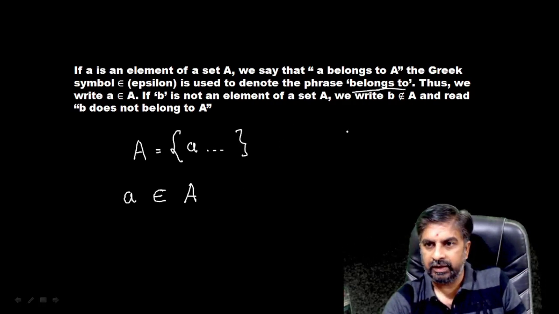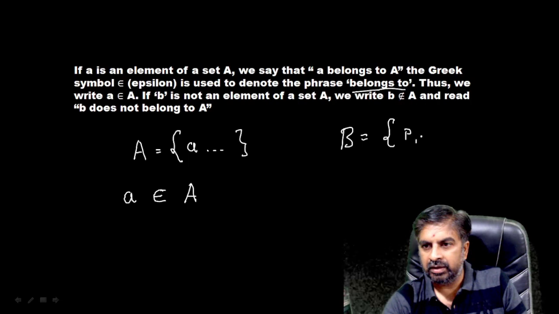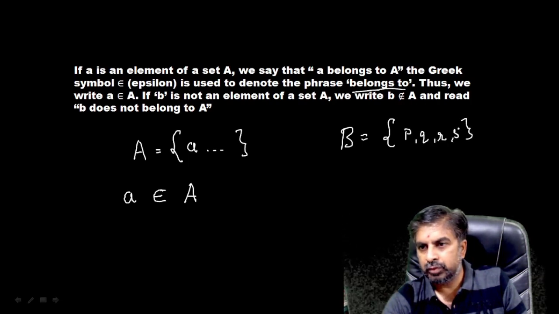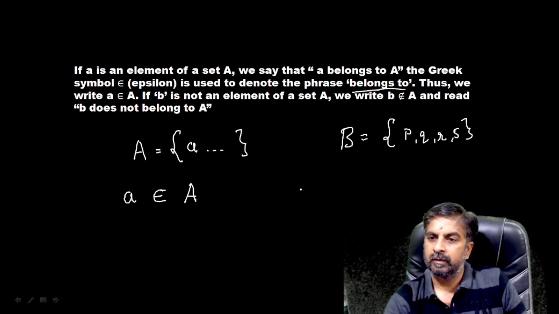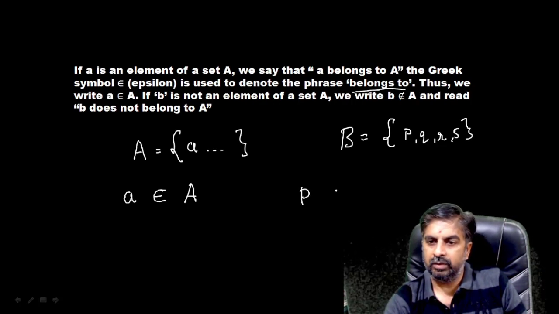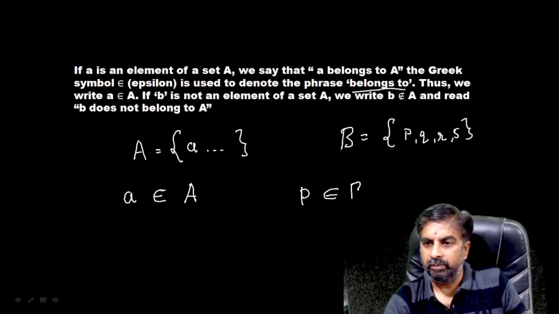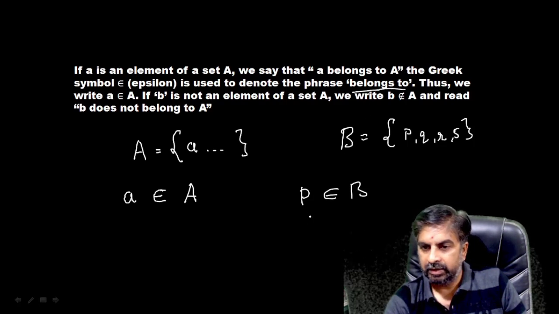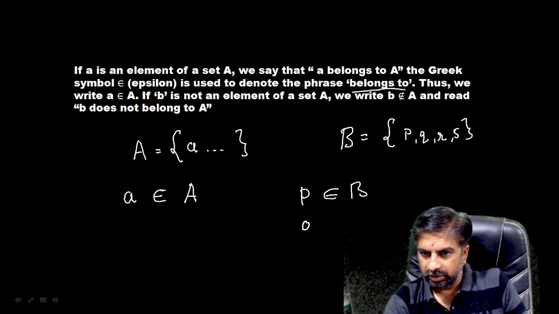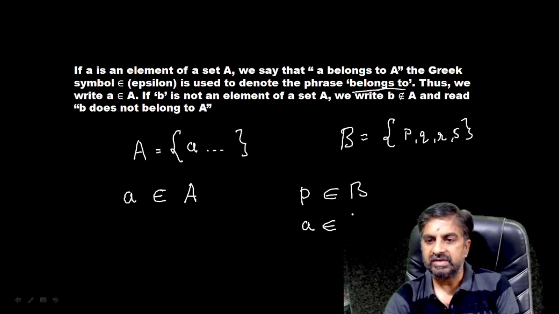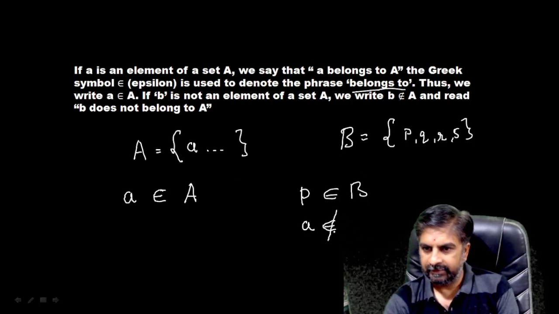When I say, let me write down now. Suppose we have a set B with P, Q, R, S. So what can I write down? P belongs to B. But what about a? Does a belong to B? a does not belong to B. So what you need to do is epsilon and a line like this.